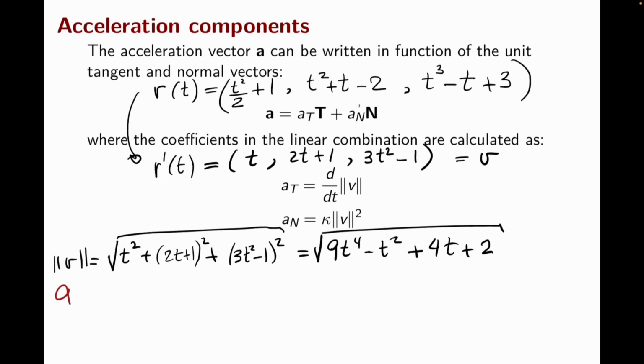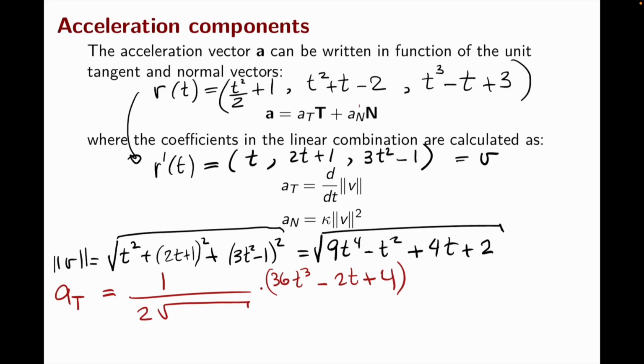So a(t) is going to be equal to the derivative of this. That is 1 divided by 2 times the whole square root, times, by chain rule, the derivative of whatever is inside. So in this case, it is 36t cubed minus 2t plus 4.